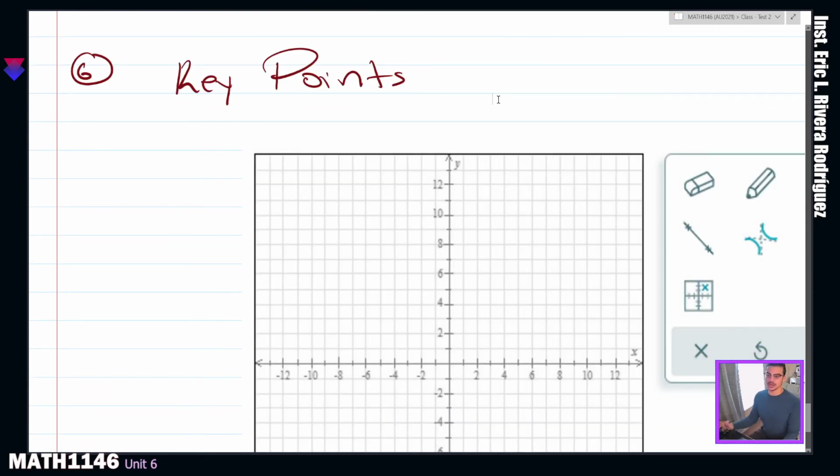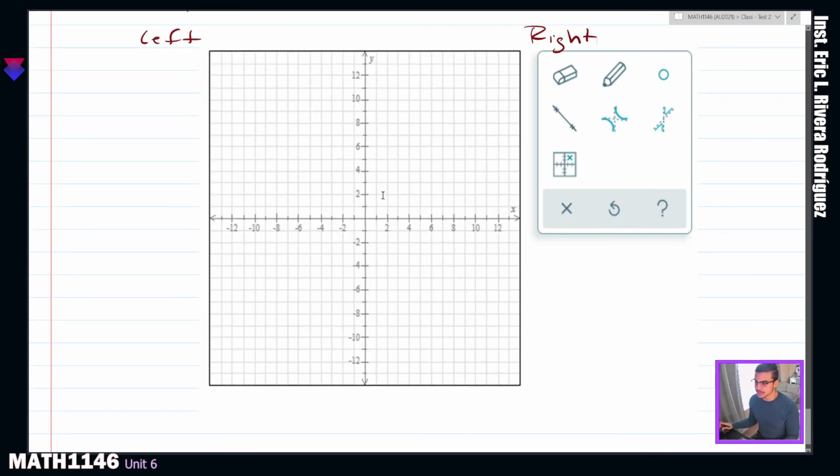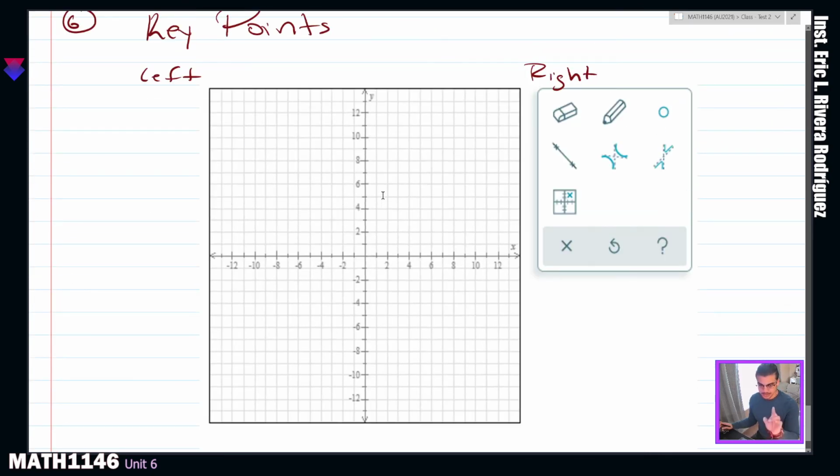We have a left side and we have a right side. How do we separate the left side and the right side? We use the vertical asymptote.